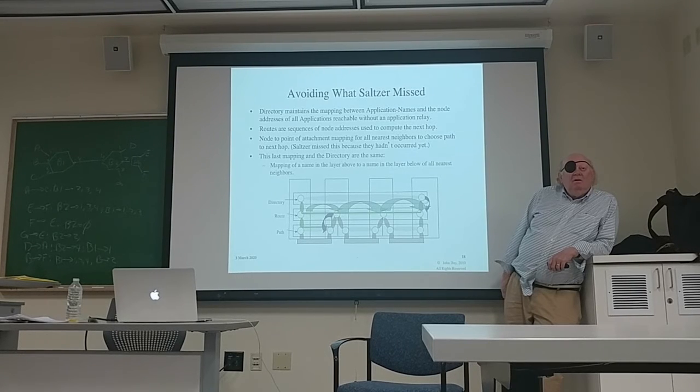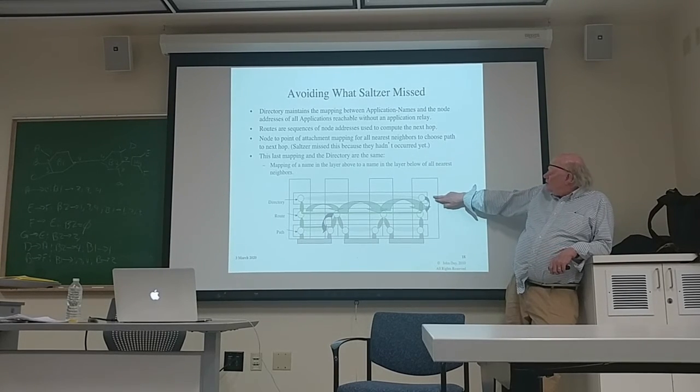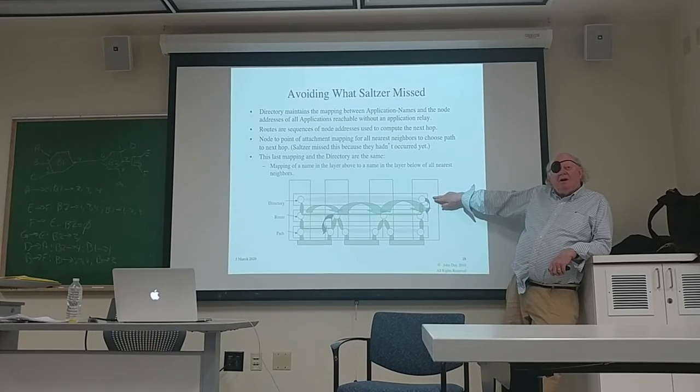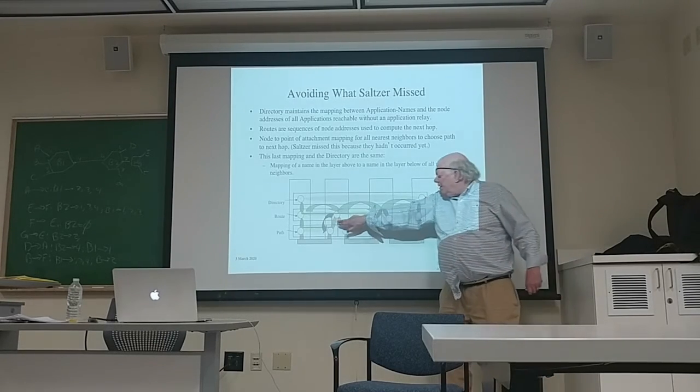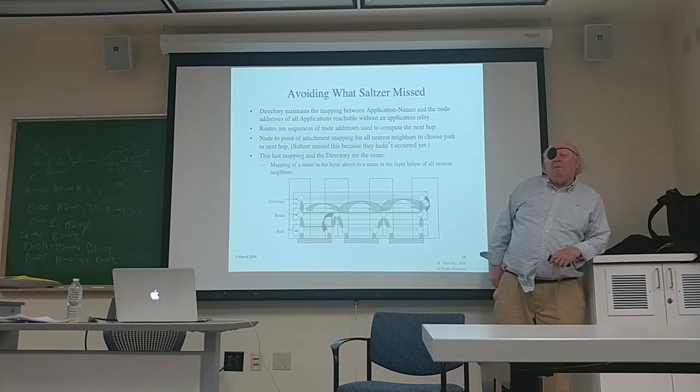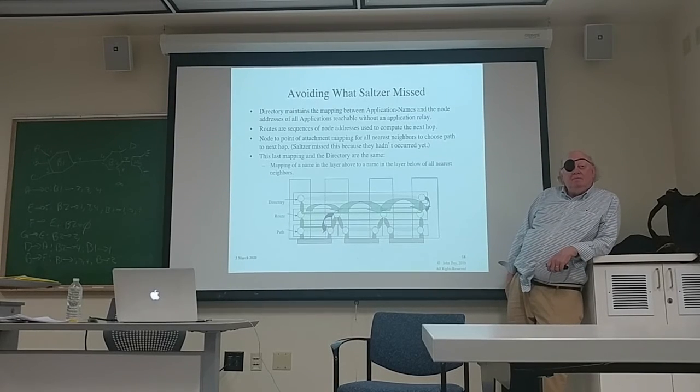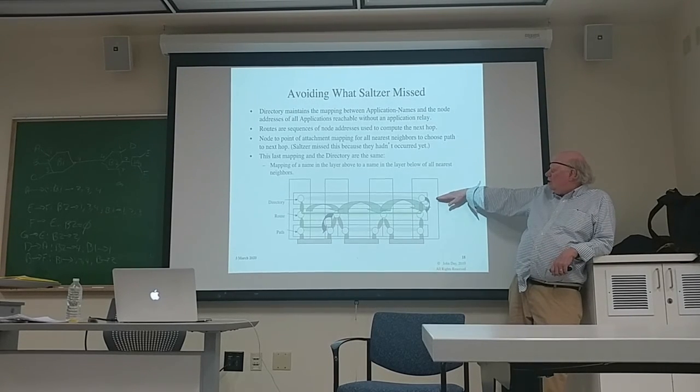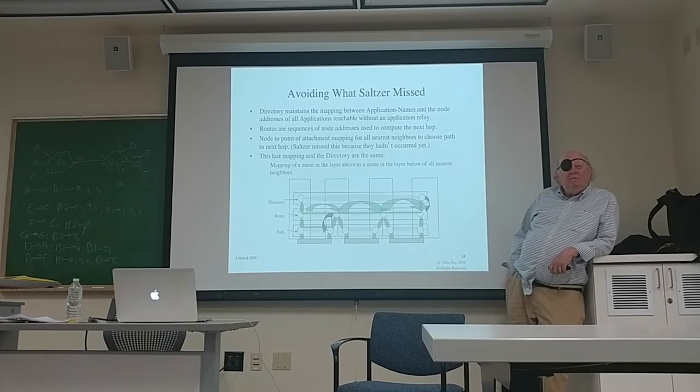This mapping here at the top and this mapping here are the same mapping. They're mappings between nearest neighbors. Nearest neighbors at this layer, nearest neighbors at this layer. This is a repeating structure. The same function.